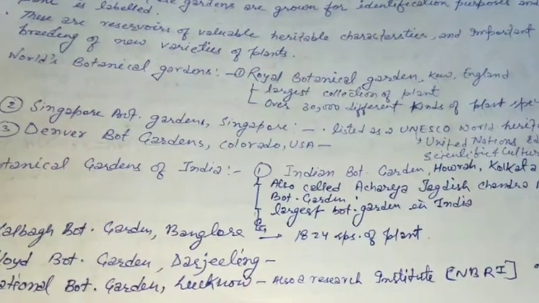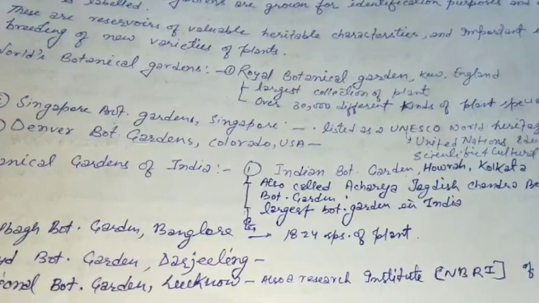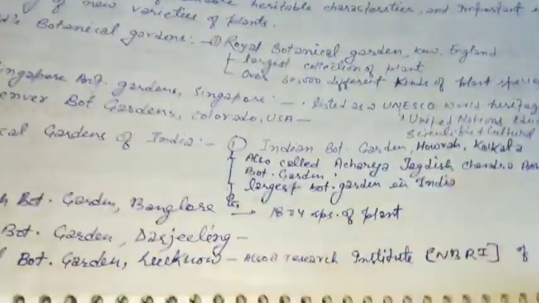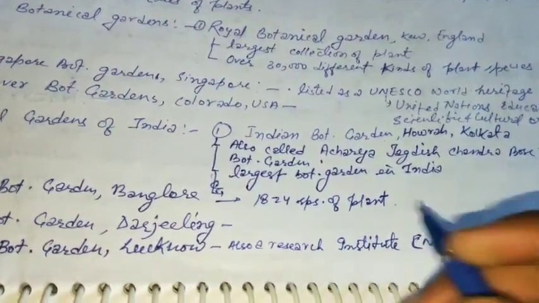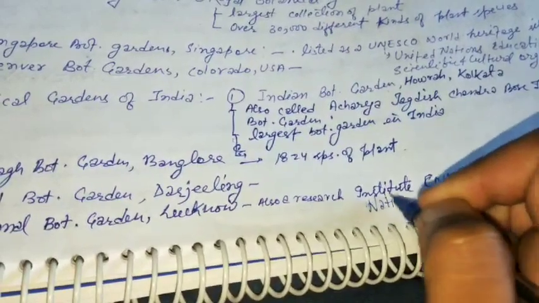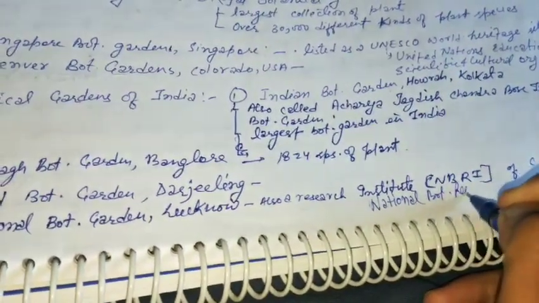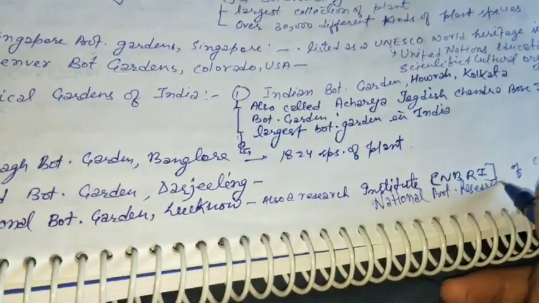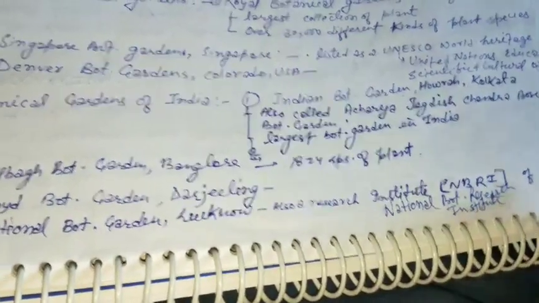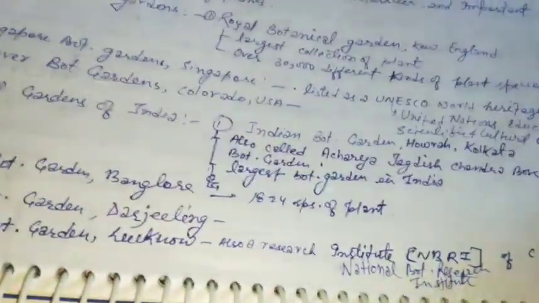It is also a research institute, known as NBRI, the National Botanical Research Institute, under CSIR.